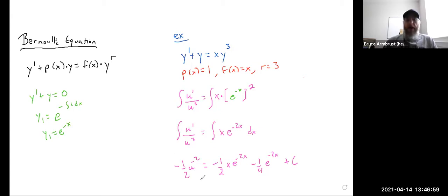All right, so we'll go ahead and solve this for u. Let's multiply everything by minus 2 just to get rid of all those fractions. So we get 1 over u squared equals x over e to the 2x plus 1 over 2 e to the 2x plus c. I'm going to combine all those into one fraction.